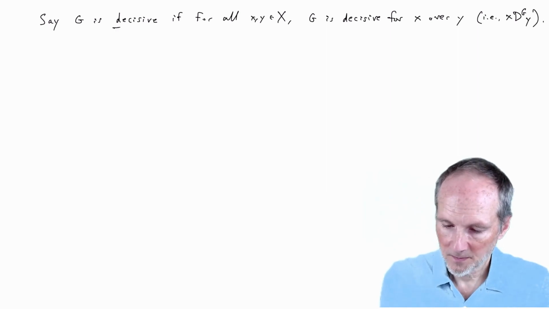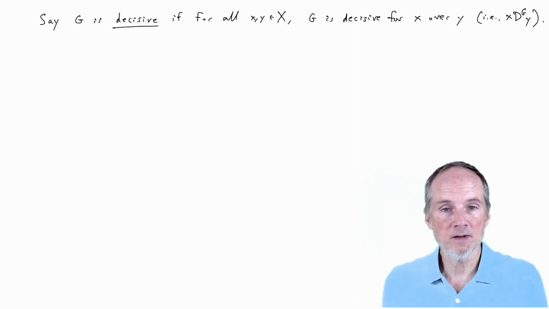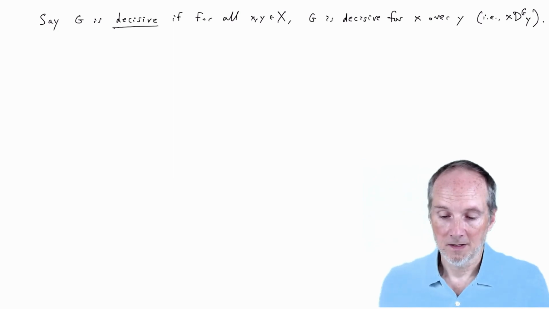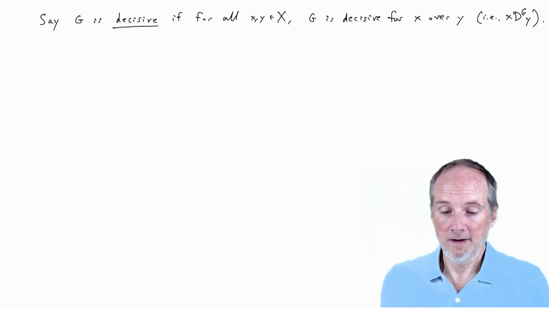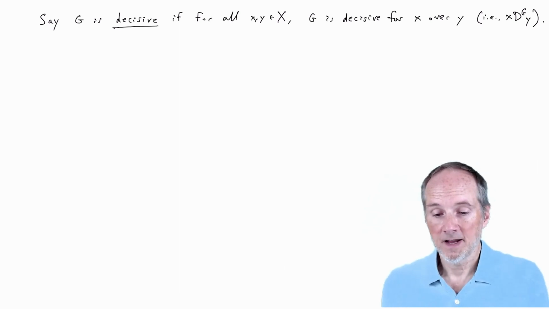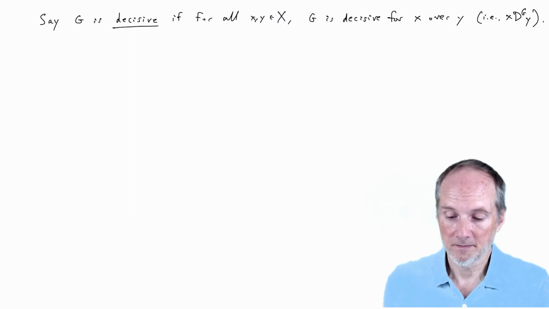So a decisive group is just a group that has this authority between all pairs of alternatives. Going back to majority rule, if a group has more than half of all the individuals, it's going to be decisive for any X over any Y, so it's actually decisive.